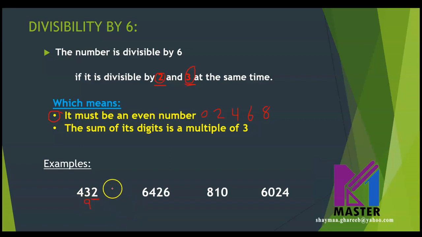Yes, of course. Then this number is a multiple of 6. What about the second one? The sum is 18. Is it a multiple of 3? Yes, then this number is a multiple of 6 because it's an even number and it is divisible by 3 at the same time. Okay, is this clear?